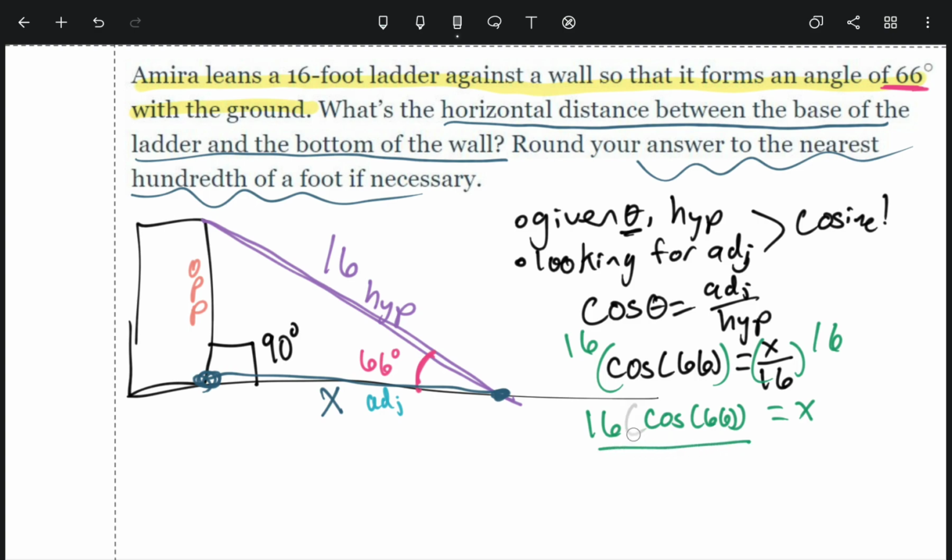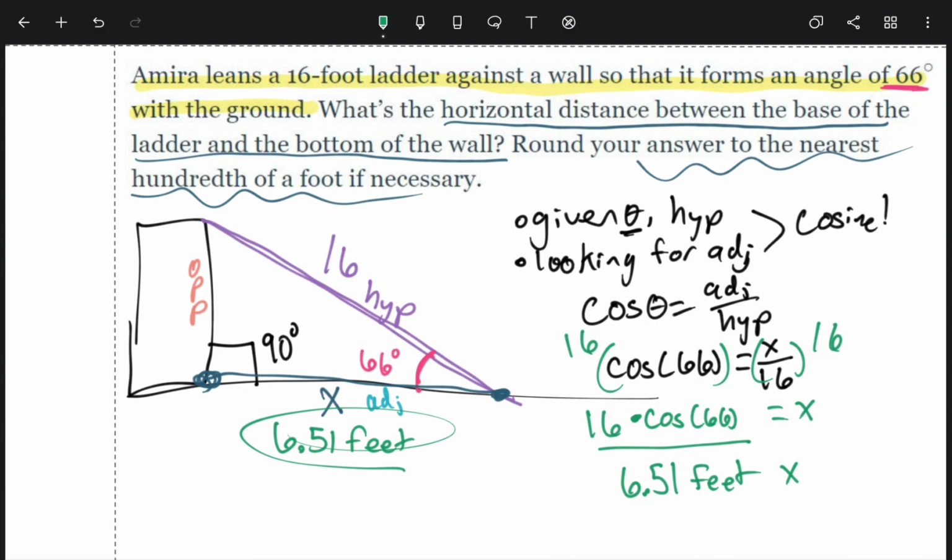And 16 times cosine of 66 is going to give you 6.51 feet for x. So this piece of ground between the ladder and the wall is 6.51 feet. We are done.